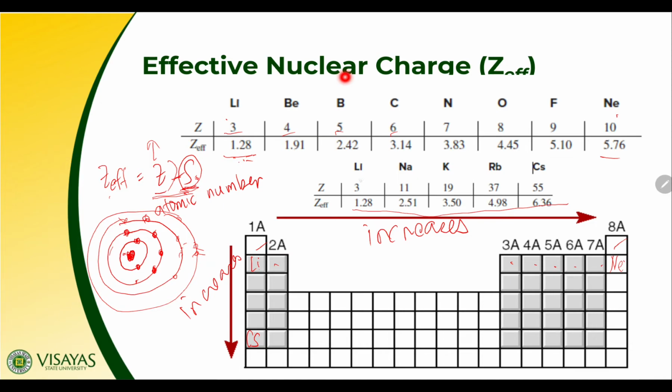However, as we go from top to bottom, the atomic number increases much larger, from 3 to 11 to 19 and so on. So the increase in Z is much larger compared to the value of S. That is why from top to bottom, ZF also increases.